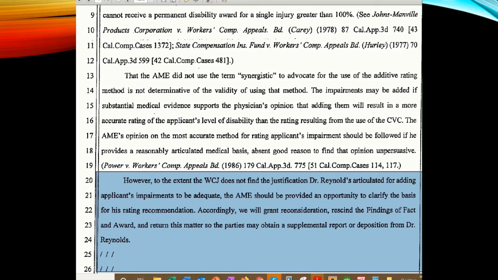The only thing that remains is for the agreed medical evaluator to provide a good reasoning as to why the additive method should be used compared to the combined values chart or the combining method through the use of the combined values chart. So doctors, aren't those cases fascinating?